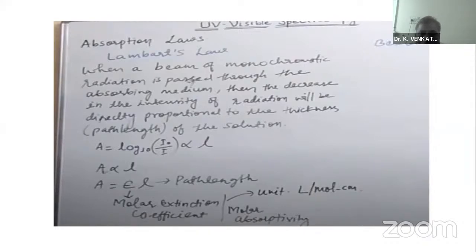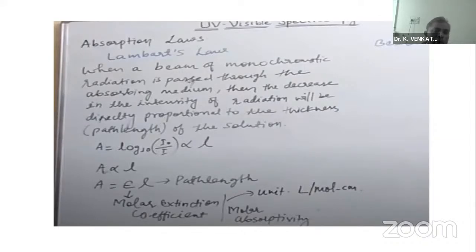When a beam of monochromatic radiation is passed through the absorbing medium, the decrease in the intensity of radiation will be directly proportional to the thickness of the solution, that is, the path length. So this is Lambert's law.